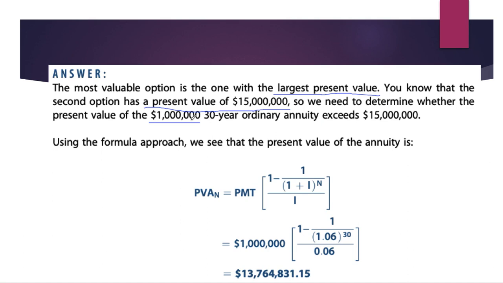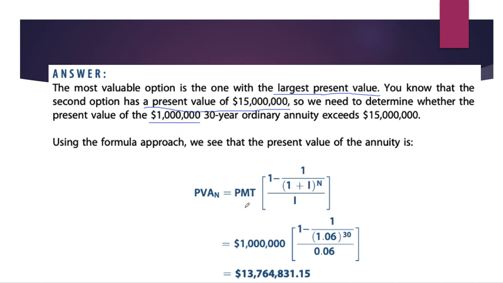But we need to calculate the present value, of course. We cannot just say 1 million times 30 is $30 million. No, for each 1 million that you will receive in the future, the present value is actually lower and lower as you need to wait a longer time, okay? So you can apply our formula.